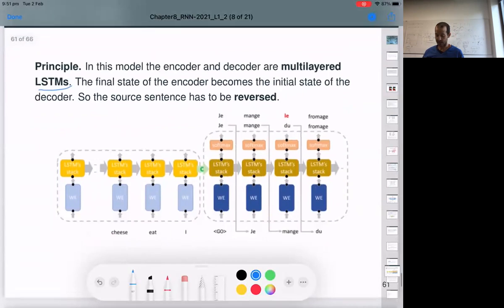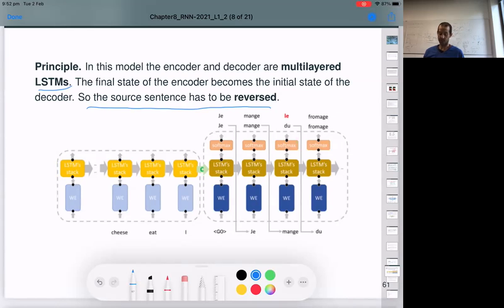And this is like an example of encoder decoder, which is why I want to say that the source sentence has to be reversed. Encoder decoder, why do I say this? Yes, because the first word I want to, sorry. So in this case, you need to have the sentence reversed, because the first word you want to predict is the first one.